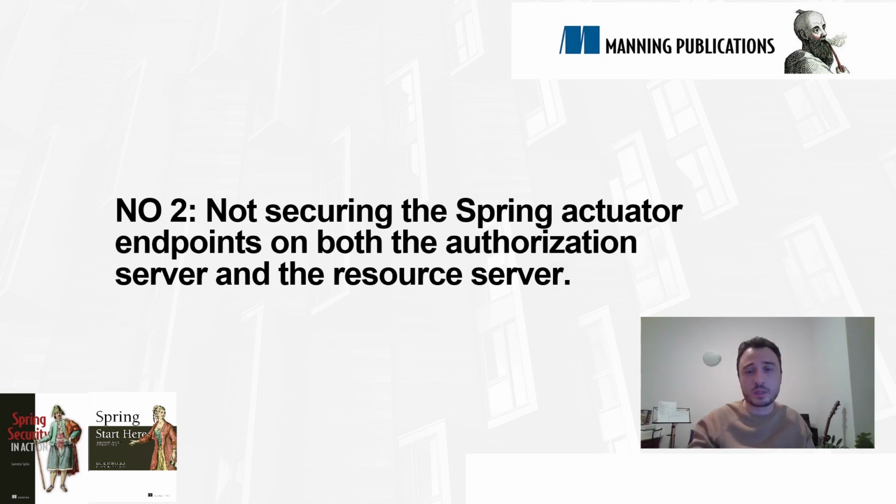I see people sometimes don't take the Spring actuator endpoints that much into consideration. They say, well, my business endpoints use the user's data, they are the only important ones, the Spring actuator is not important. But actually the Spring actuator sometimes exposes very sensitive data. Remember, through the Spring actuator, you can even expose the heap dump of your application or the beans you have in your app's context.